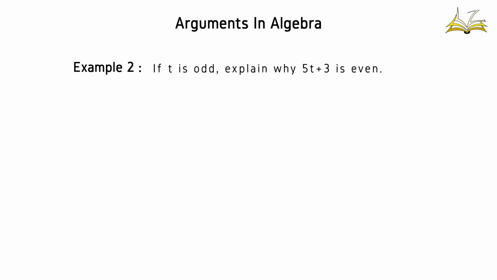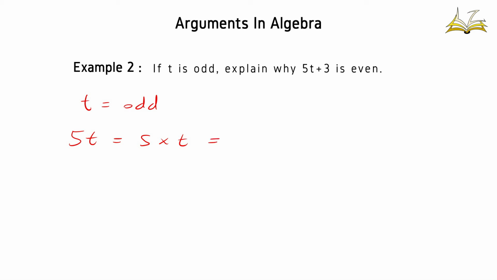Okay, so here's another example. If t is odd, explain why 5t plus 3 is even. So again, what we know in this question is that t is odd. Okay, so that means 5t is 5 multiplied by t. Now, I've shown this earlier in some earlier videos, so if you're not sure, you can look back on them.